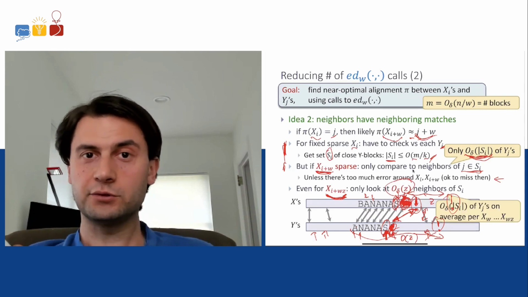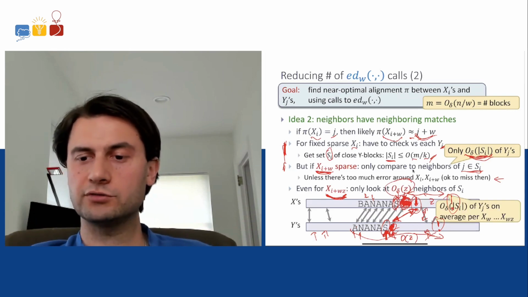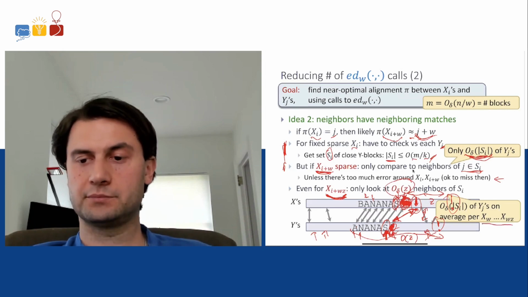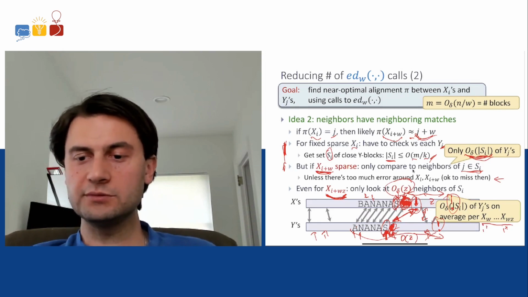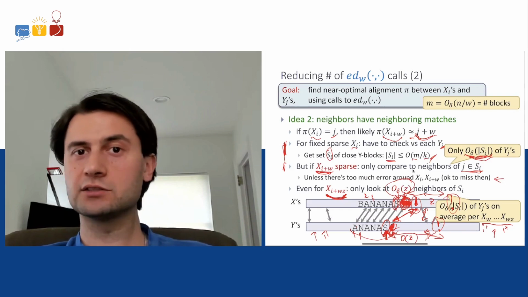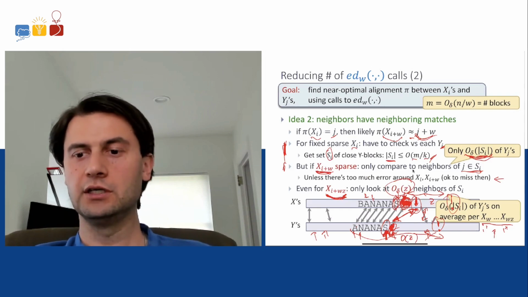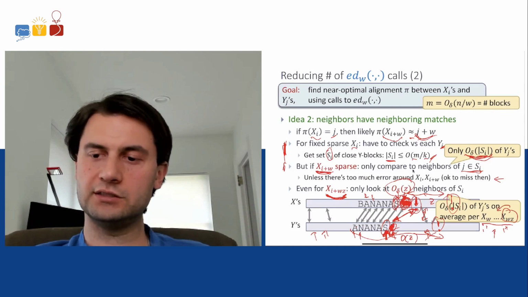But the cool part is that on average, over all the blocks from XI plus W to XI plus WZ, all the blocks in between, remember, all these things that are covered by 3 dots were not sparse. So we didn't do any of these operations. So we can amortize the operations that we do here to all these Xi's which are in between.